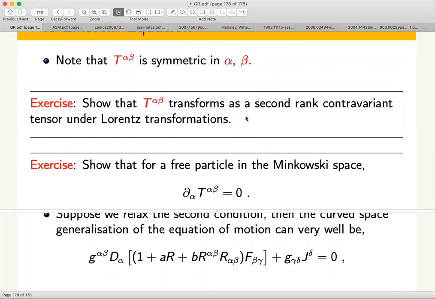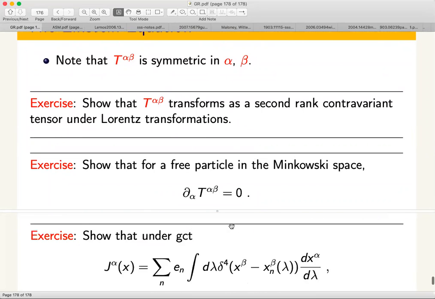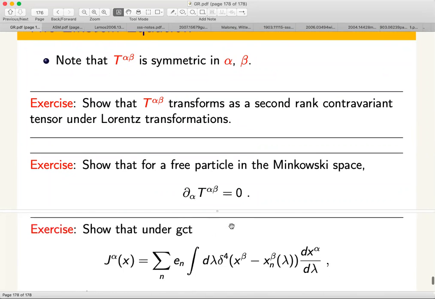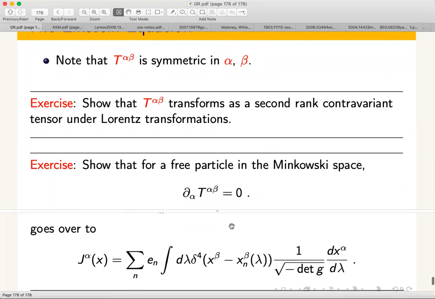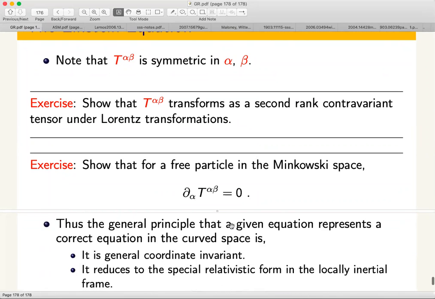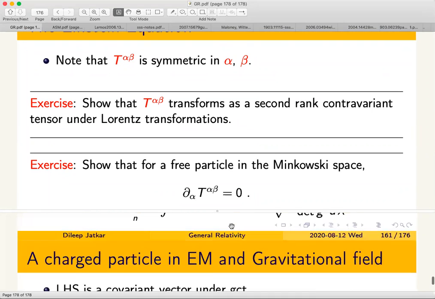Now as I was saying some time ago, this result is related to the earlier result that I had asked you to check, namely that this current is conserved.